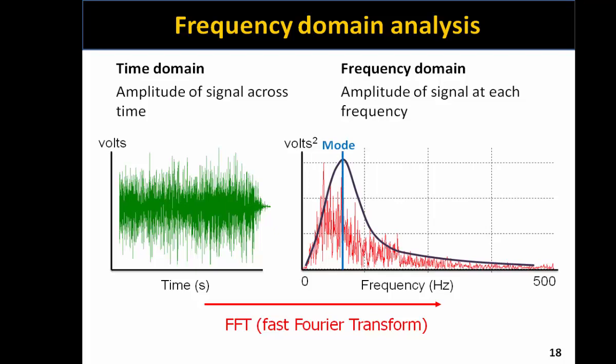And there being a positively skewed distribution, we use basic statistics, measures of central tendency, to provide us with an indication of what this frequency profile will look like. The first one is called the mode, the most commonly occurring amplitude, or the frequency at which the most common amplitude exists.